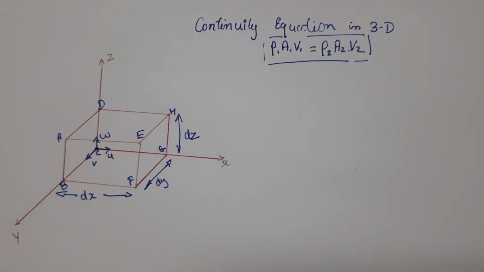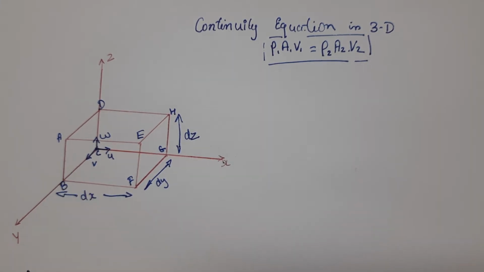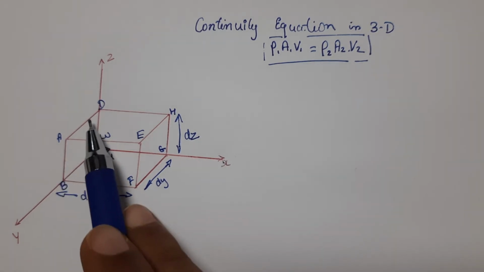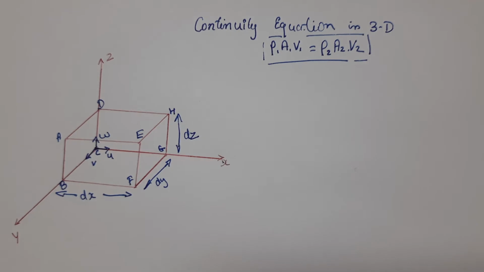Now first we will take the mass of fluid that is entering the face A, B, C, and D. What is the mass that is entering the face ABCD per second?